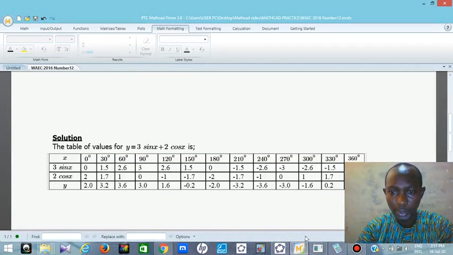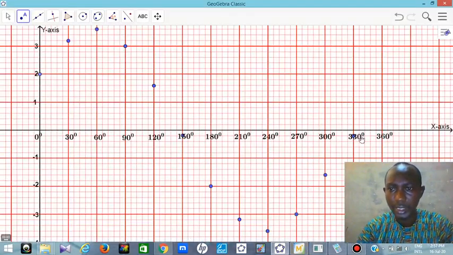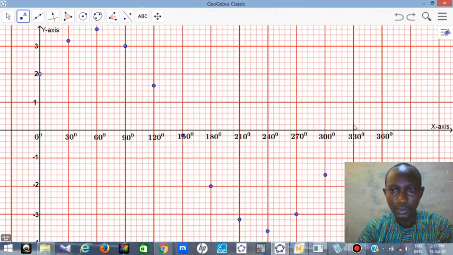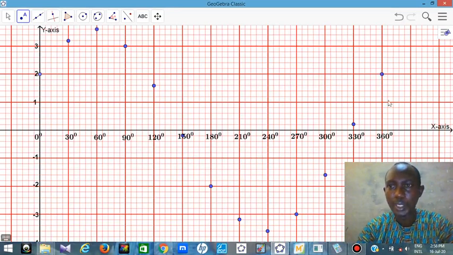It's positive 0.2. Let's go and correct it. So I'll mark here, not there. Let me undo that one to remove it. So this place is positive 0.2. This line is 0, this is 0.2. Then finally 360 to 2. We come and mark 2.